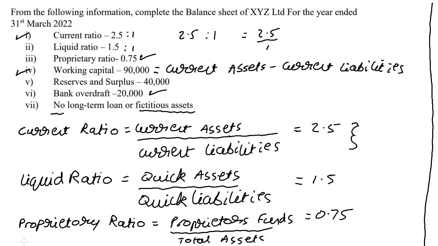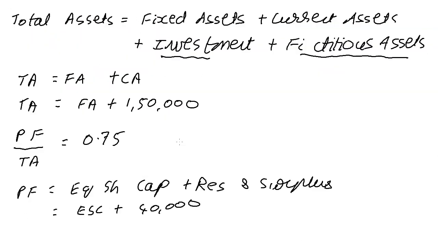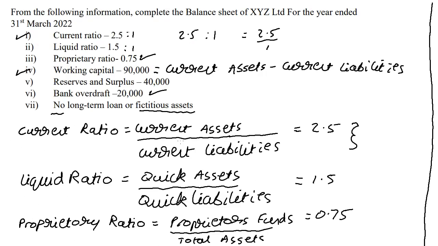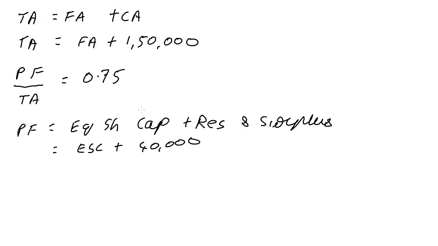So to be able to effectively solve this sum, we need to be a little careful with the way in which we frame the next equation, because we've been given information that there's no long-term loan. You need to keep in mind that you have the proprietors fund, and we're sticking to PF.